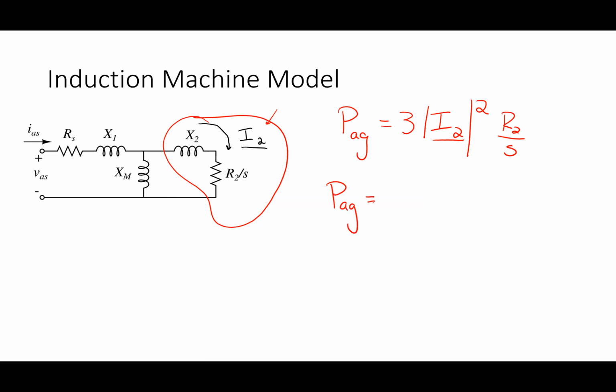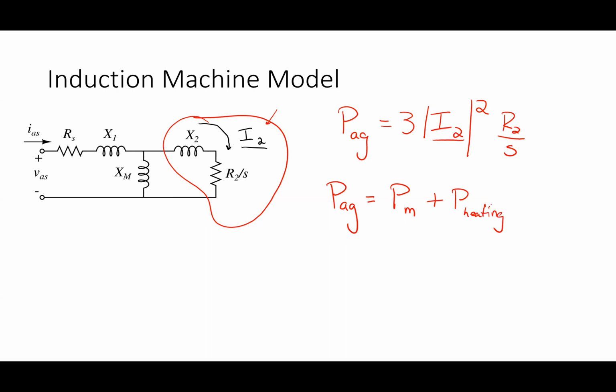Now, there are 2 components to the power that crosses the air gap. One is the actual power that goes to the load. I read it as P sub M, the actual mechanical power going to the shaft of the machine. That power is going into actually turning a pump or turning a set of fan blades or whatever, right? There is that plus the power of heating.